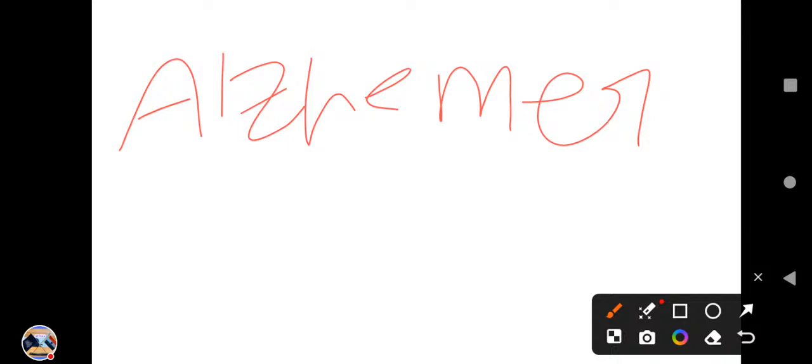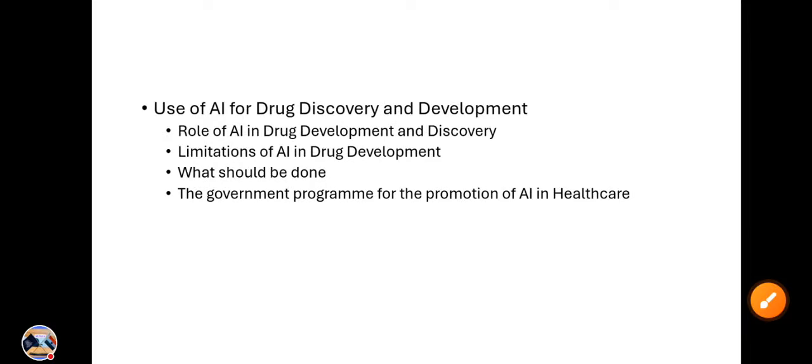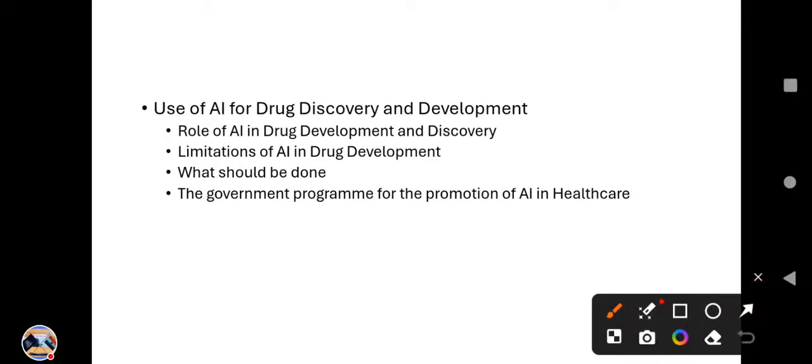Next is novel antibiotic discovery, and you already know COVID-19 therapeutic research is also possible because of effective artificial intelligence discovery. This is the introductory part of artificial intelligence use in the healthcare system.